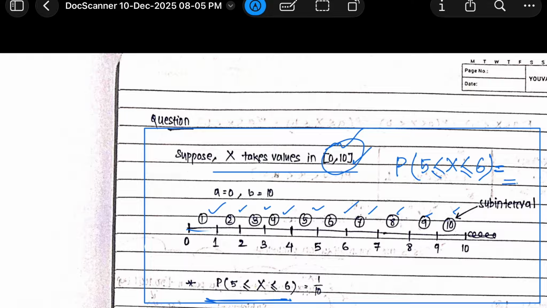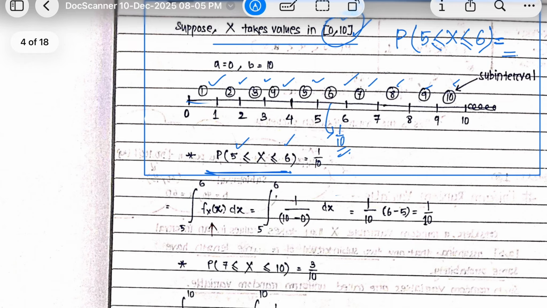There are 10 sub-intervals and you need to find the probability between 5 and 6. So you need to integrate. As you can see easily, the probability must be 1 by 10. But you need to prove that also. How will this happen?